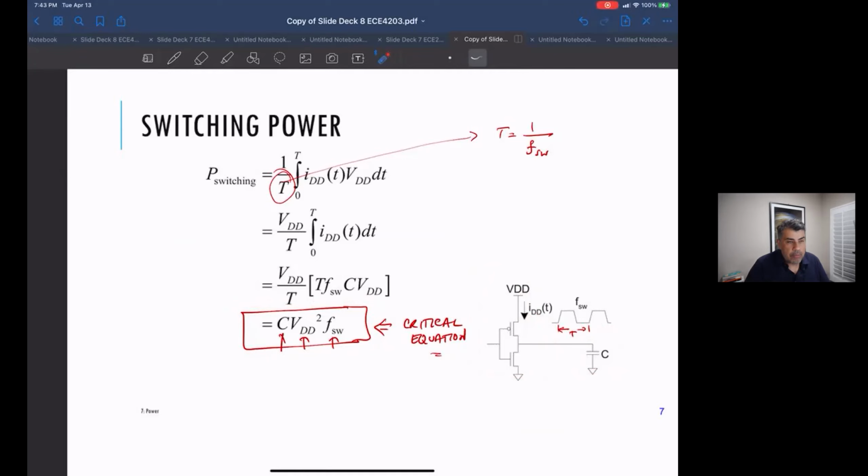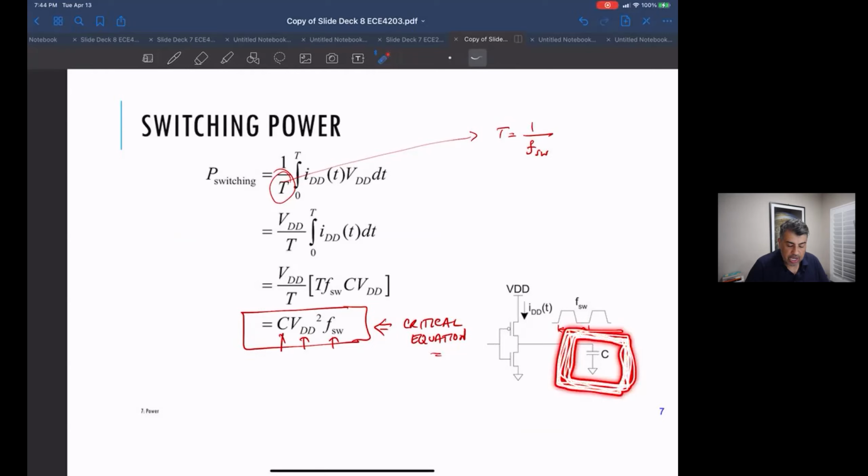So now let's say I had a billion of these devices on my circuit. It doesn't matter how big those devices are. All I really need to know is those billion devices are driving a billion capacitive loads. So all I have to know is the total value of all those capacitive loads they're driving.